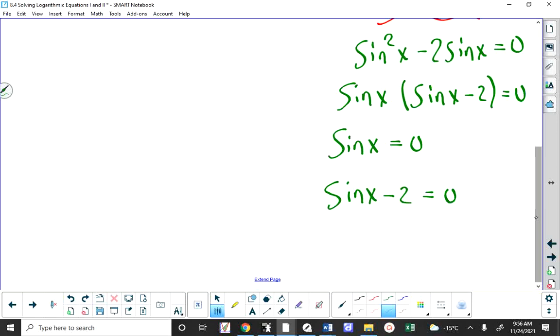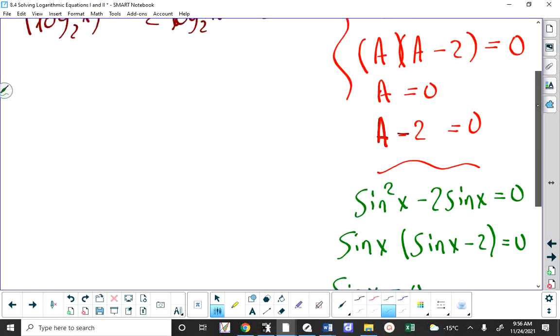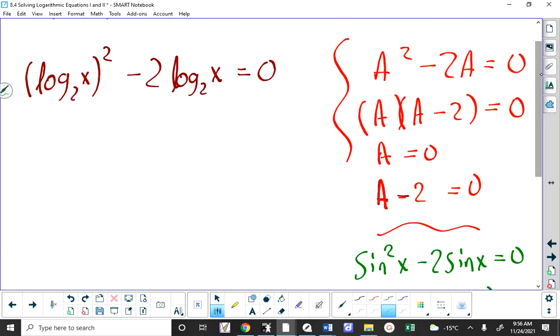This second equation would become sine of x equals 2. Now, I want to point something out to you. If you were solving the equation in red, when you get to this point right here, and you write a equals 0 and a equals 2, you're done. That's where the problem would end.